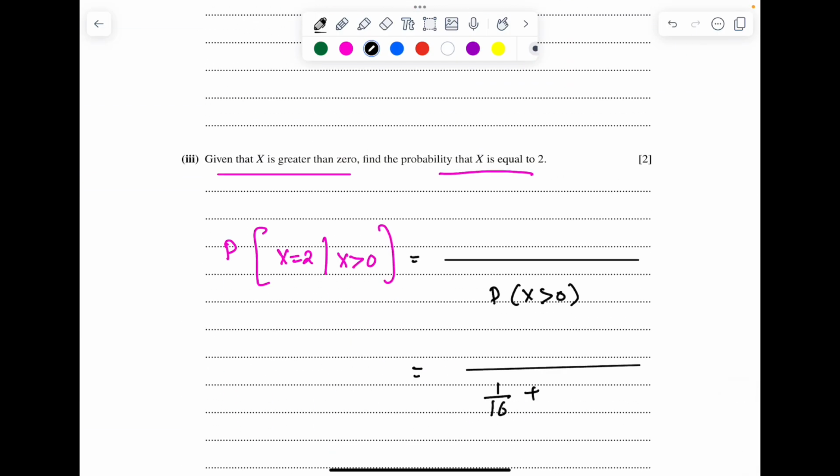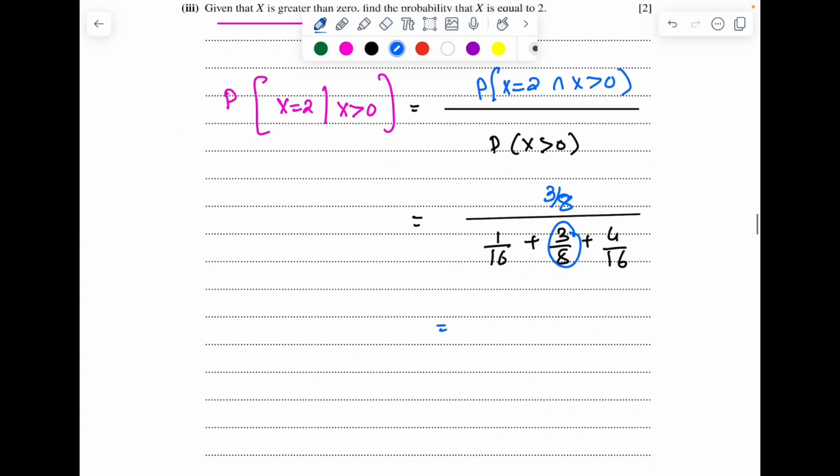Then out of that, x equals 2 is this one, 3 upon 8. So this is probability of x equals 2 intersection x greater than 0. Simplify that. This becomes 3 upon 8 divided by 11 upon 16, which is 6 upon 11, which is 0.545.